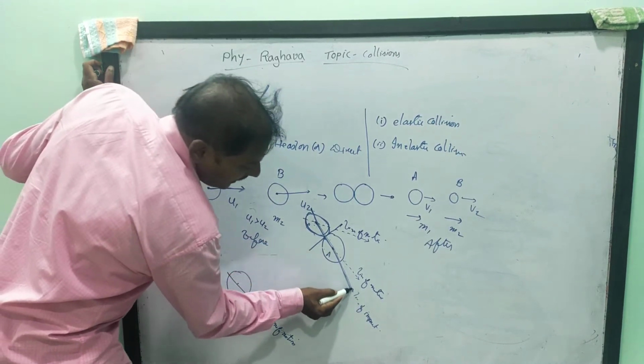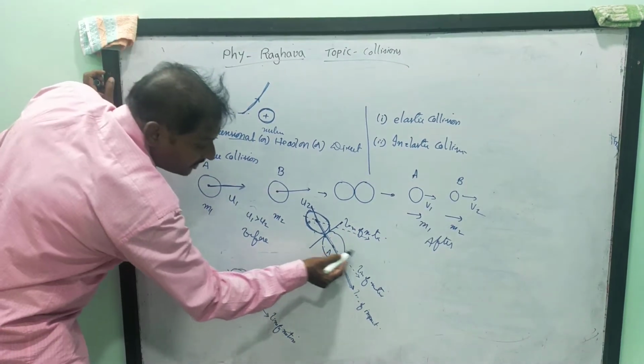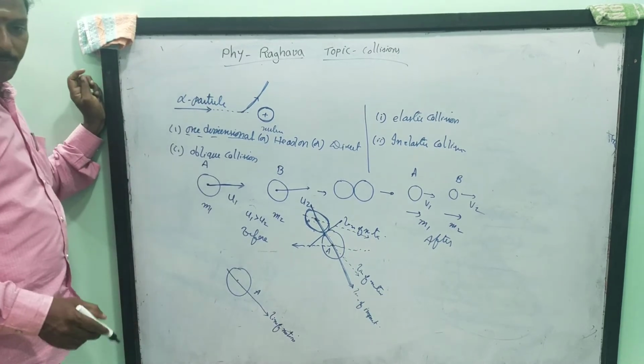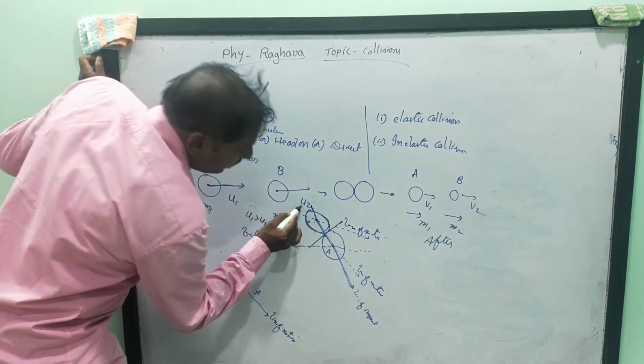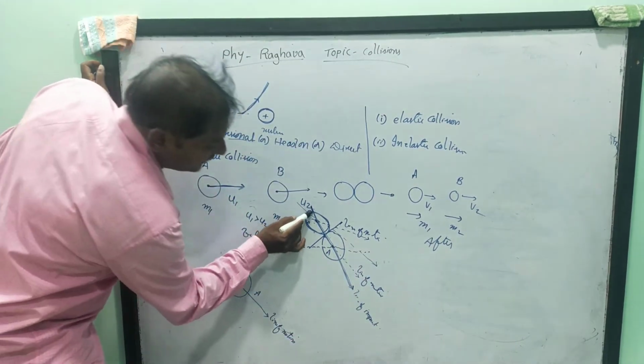That line is called the line of impact. If a body moves in this direction, the line of impact is in this direction.